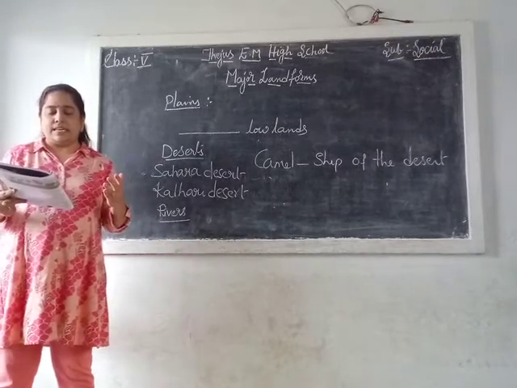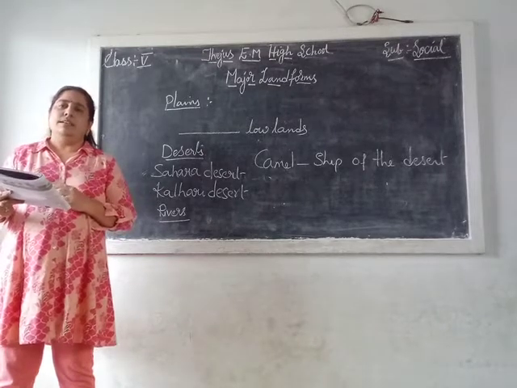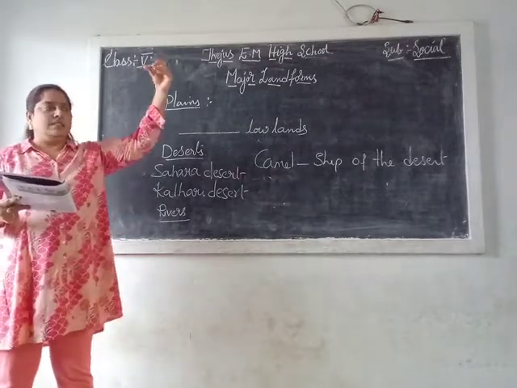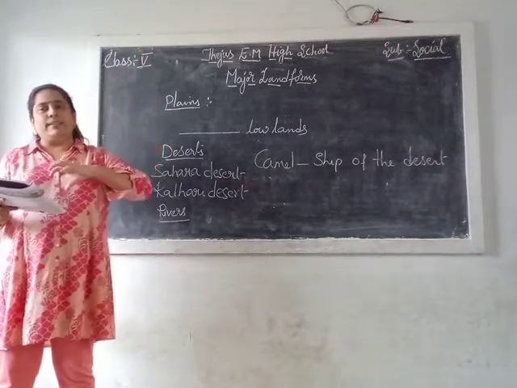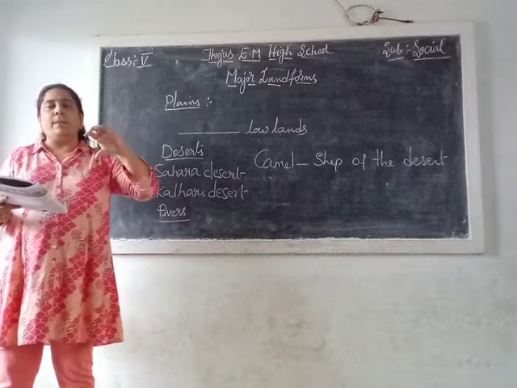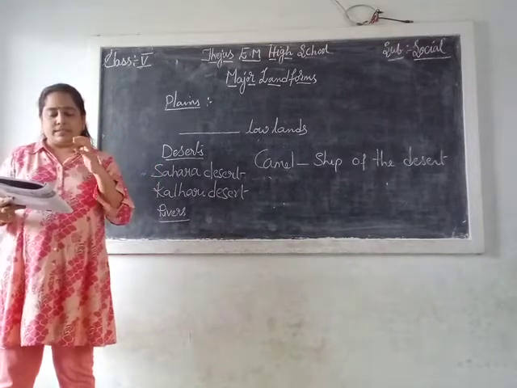These channels start as streams and join together to form a river. See, from the mountains it melts and carries rainwater from the melted ice to form a river. Okay, those are called rivers.